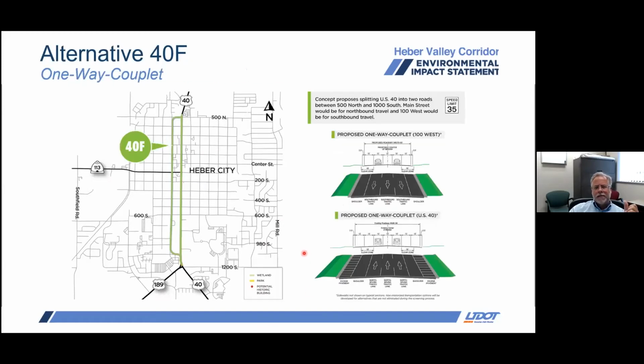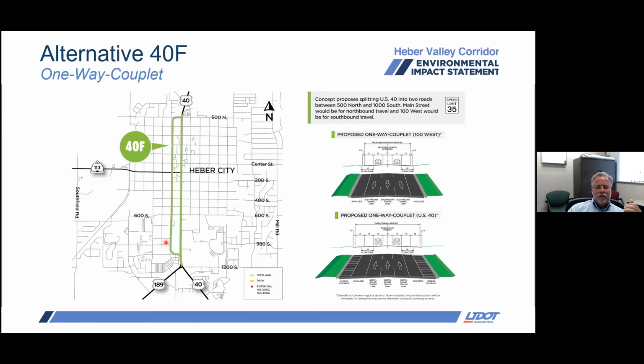So the last alternative on US 40 is a one-way couplet system. In this concept, we would propose splitting US 40 into two one-way roads between 500 North to about 1000 South, with Main Street being for the northbound travel, and 100 West being for the southbound travel.